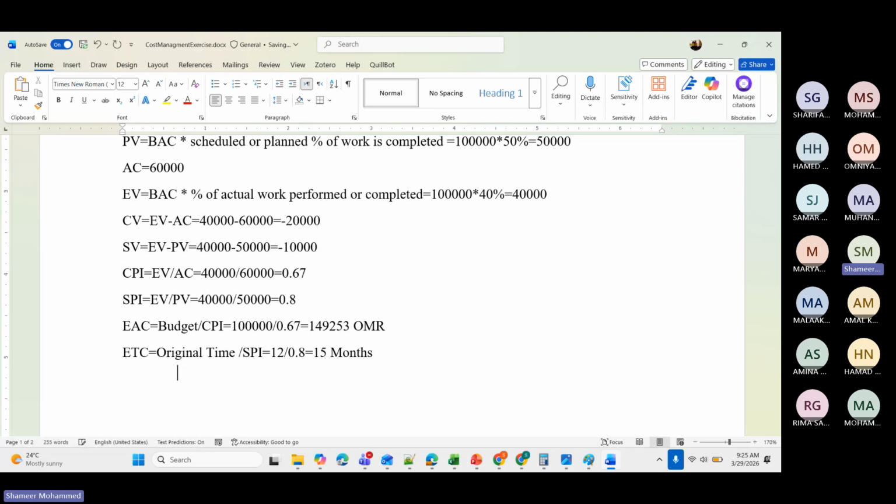So this project, the justification is what now? Costs are overrun, cost overruns, and it's falling behind the schedule.